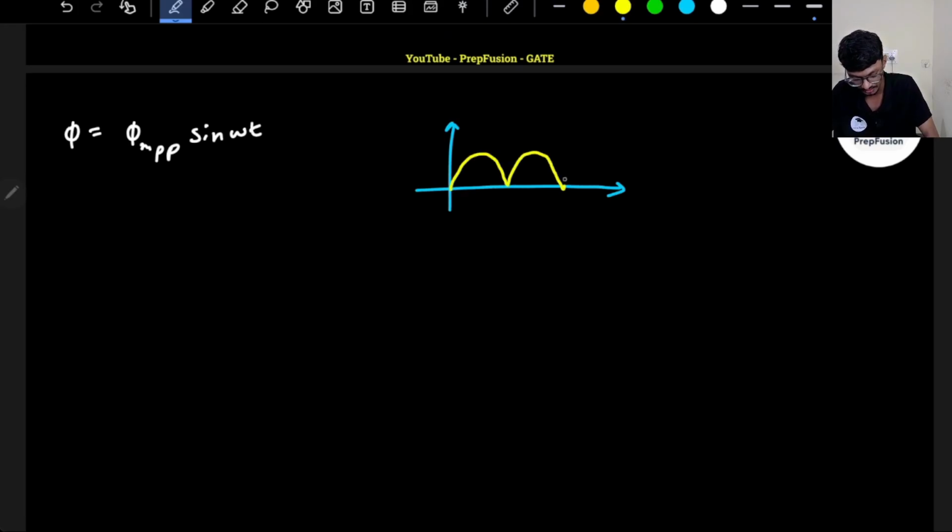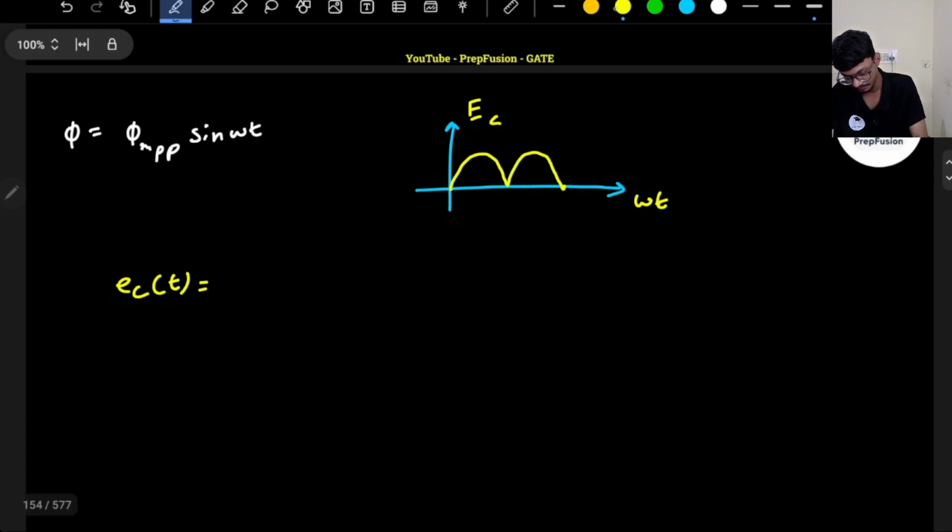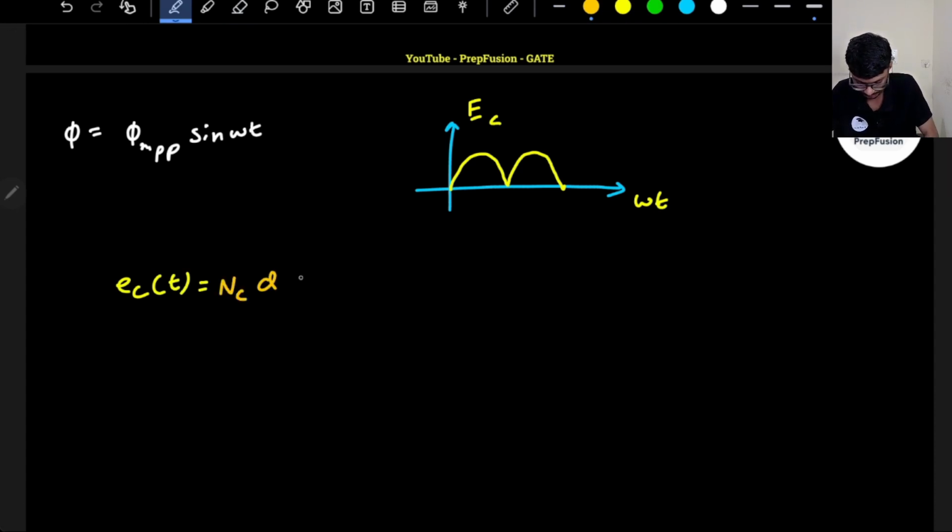So its average value will not be 0, because I am commutating it. I am using commutators. So if I write the instantaneous value of EC, a small e c of t, it will be minus N d phi by dt. For a coil, NC into d phi by dt. So this will be NC into d phi of t over dt.